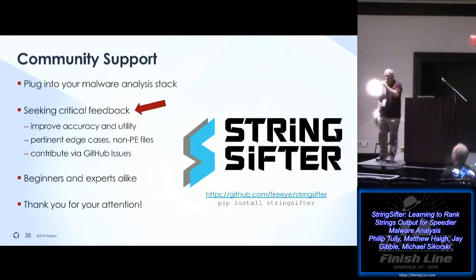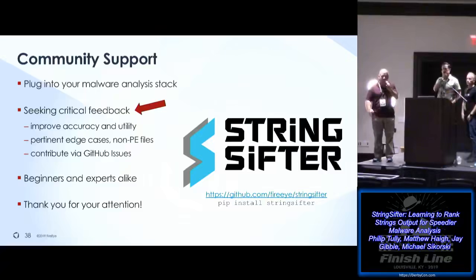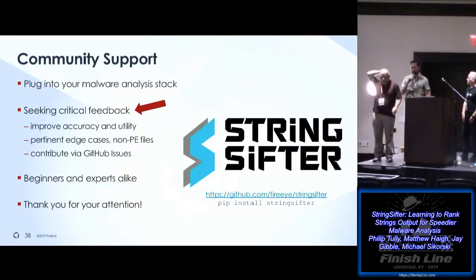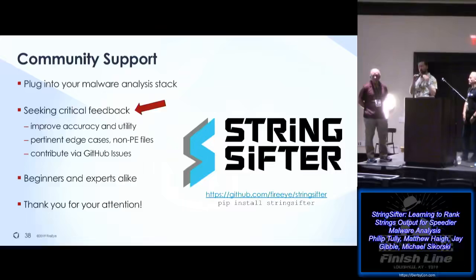Okay, excellent questions. The first question was, we have special handling for "This program cannot be run in DOS mode." If there's a typo in that or some deviation from that, would it have been pushed down like it was, or pushed up? Yeah, it's a great question. So that specific string is part of a little bit of a whitelist that we have, as a feature. But we also have other features like these randomness scores.